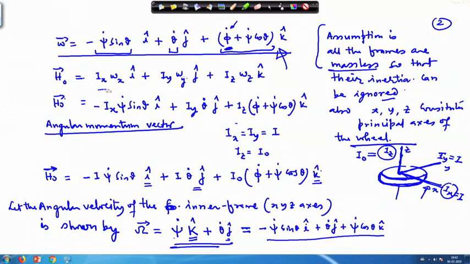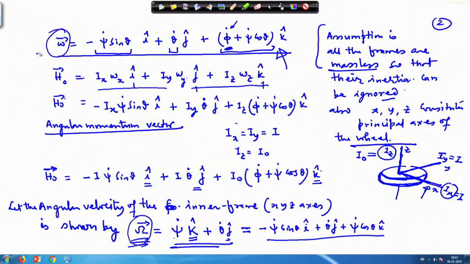H 0 is this vector, which is defined in the x y z axis. You are defining it with an axis which is rotating at this rate, with I cap, j cap and k cap, and therefore, this is rotating at this one, not at this one.